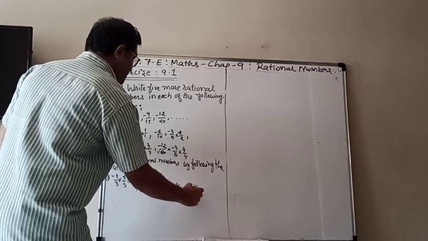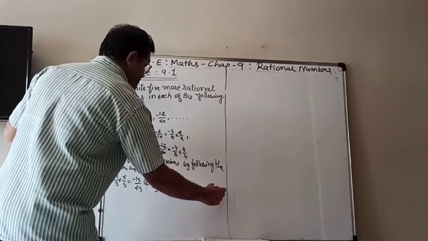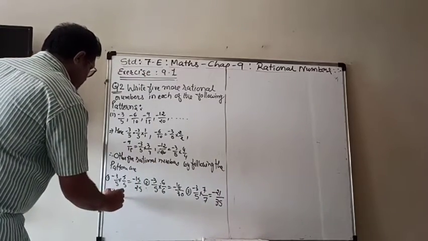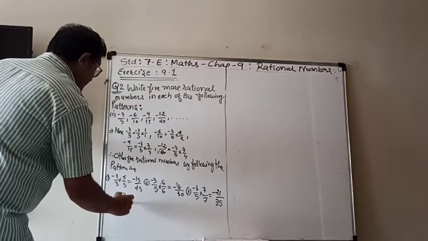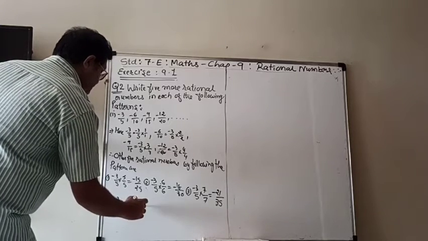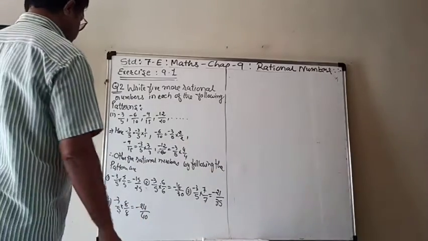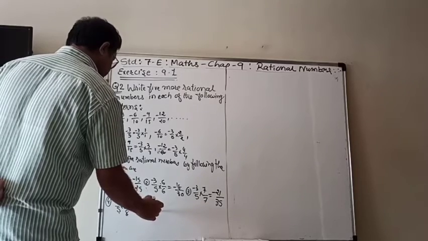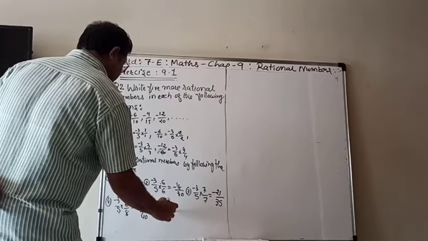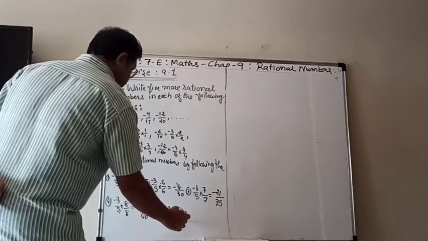Third one, minus 3 upon 5 into now 7 upon 7. That is minus 7 3s are 21 upon 7 5s are 35, and fourth one, minus 3 by 5 multiplied by 8 by 8, that is minus 8 3s are 24 divided by 5 8s are 40, and fifth one, minus 3 by 5 multiplied by 9 upon 9, so minus 27 upon 45.